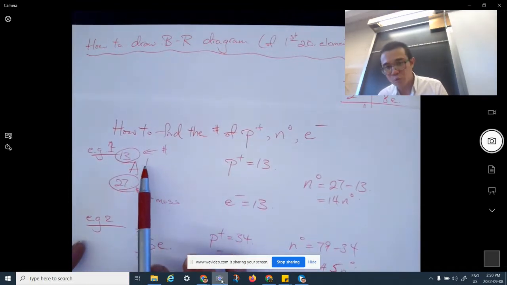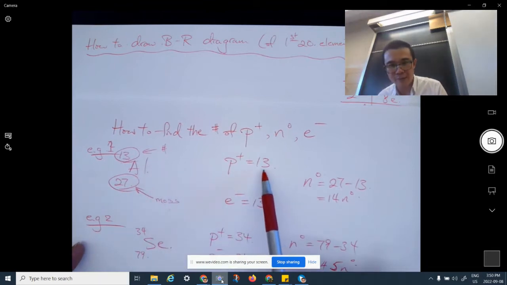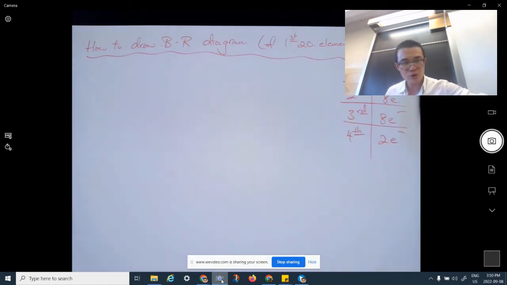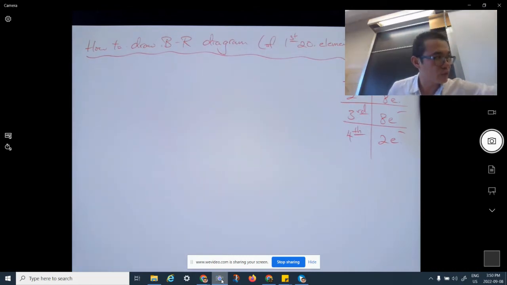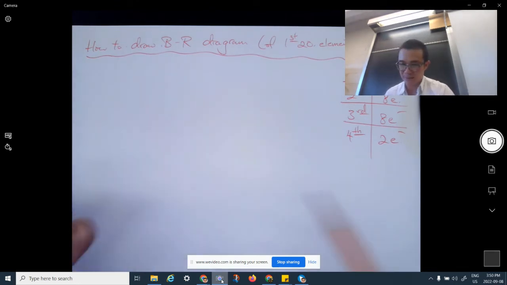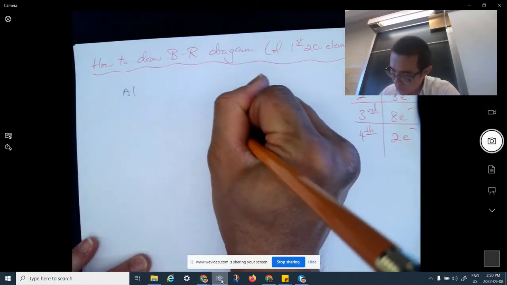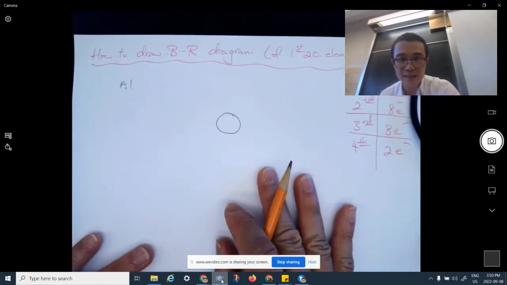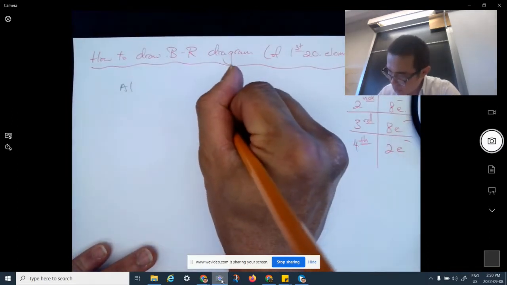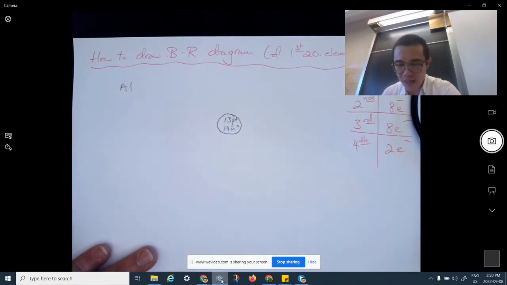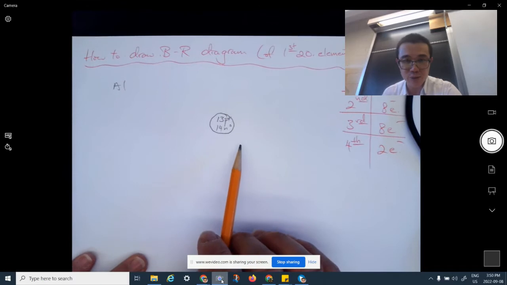Based on the periodic table, we found out that aluminum has 13 protons, 14 neutrons, and 13 electrons. You always draw with a pencil, because if you make a mistake, you can easily erase it. First, you draw a circle that shows the nucleus. So you have 13 protons, 14 neutrons, and a total of 13 electrons to put away.